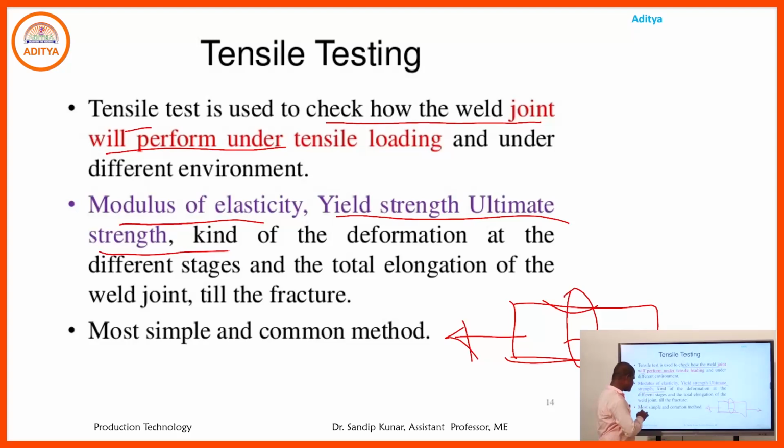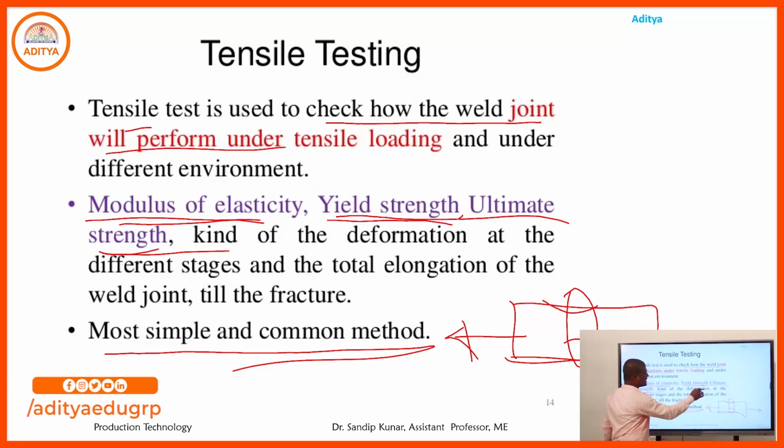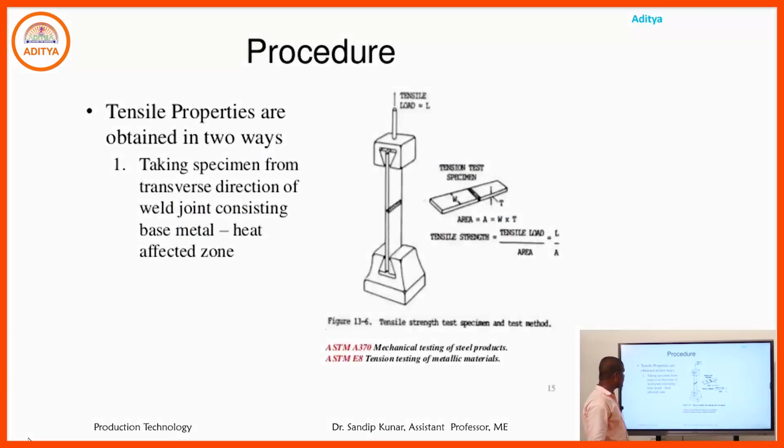That is the tensile testing, the most simple and common method. Using the universal testing machine, we collect the tensile strength data easily, and also the modulus of elasticity, yield strength and ultimate strength data. Here, in the tensile test method, this is the weld specimen.